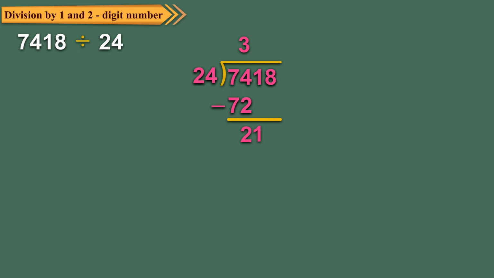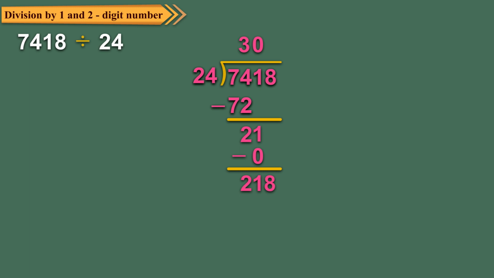Now bring down 1 to the right of 2 to get 21 as the new dividend. Here, 24 multiplied by 1 is equal to 24, which is greater than 21. So we use 24 multiplied by 0 is equal to 0. We write 0 in the quotient and 0 below 21. Subtract 0 from 21 to get 21.